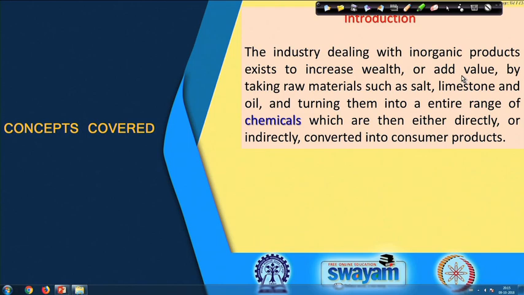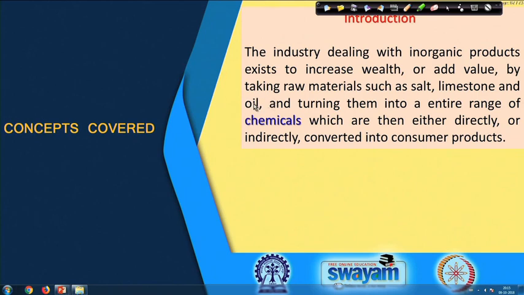That means, we can have some value added products by taking raw materials such as the salt we have seen, the typical sodium chloride salt. So, on one hand we can have the sodium chloride, and on the other hand we can have the typical limestones and the oil.